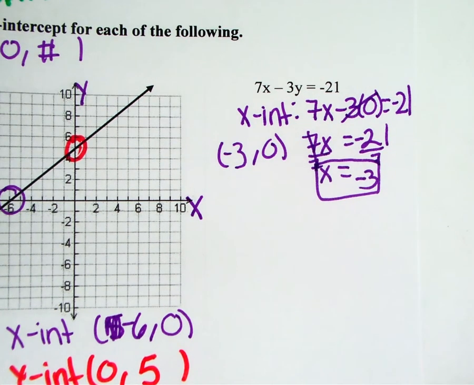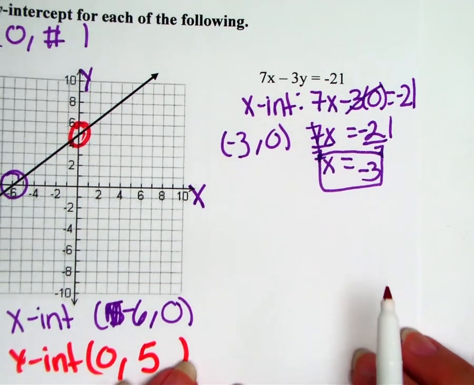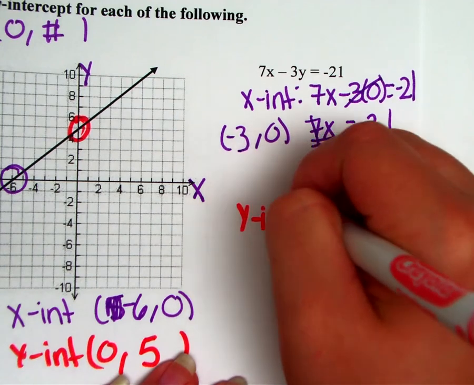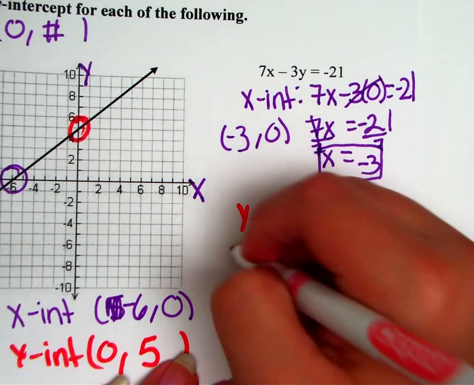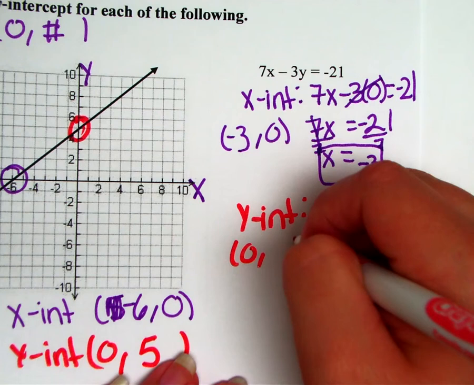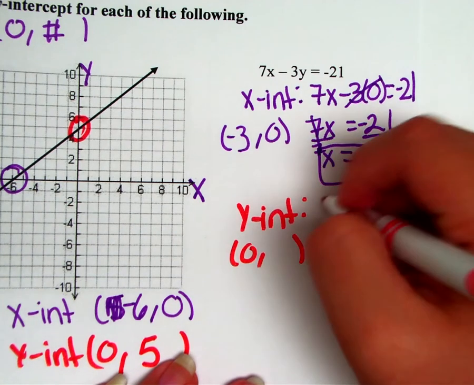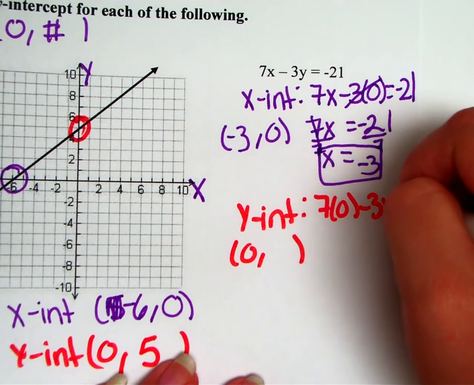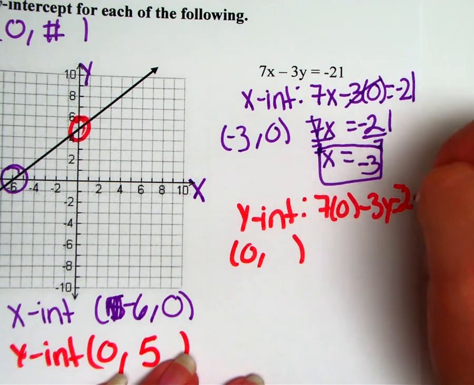Now let's talk about the y-intercept. It's going to be the same thing, you just plug in a 0 somewhere else. And that somewhere else is going to be for x. So you have 7 times 0 minus 3y is equal to negative 21.